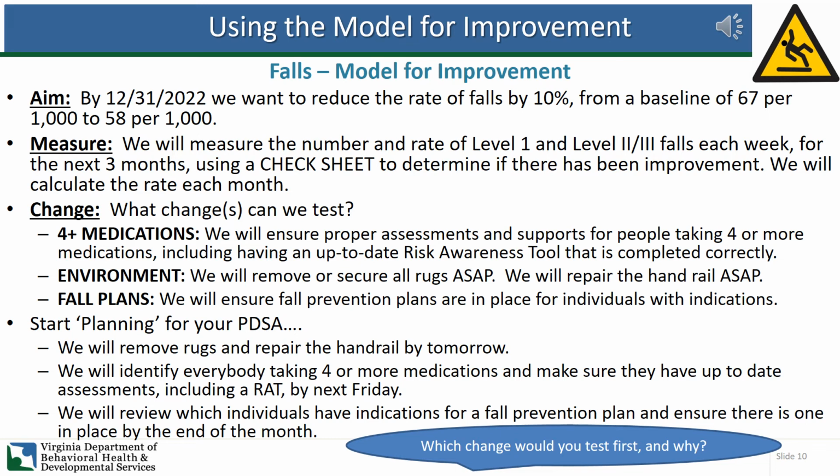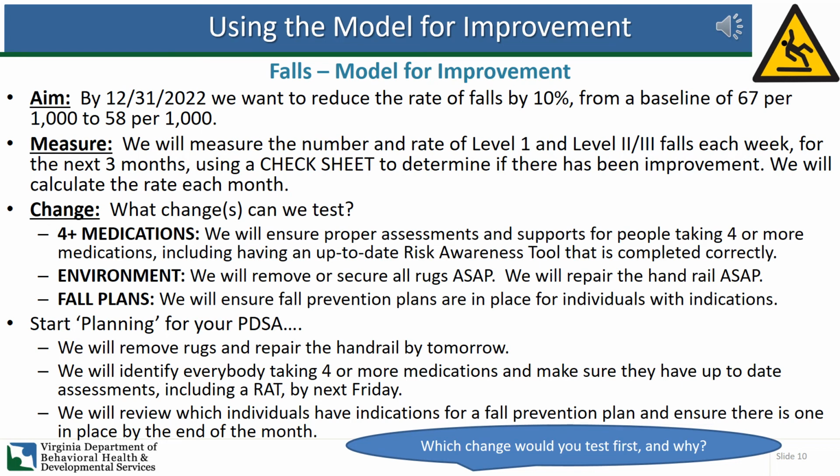We also want to address some environmental causes we've identified, including removing and securing all rugs and repairing the handrail. And we want to work on fall plans to ensure that fall prevention plans are in place for all individuals that have indications.